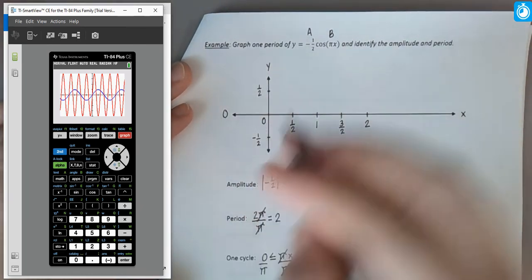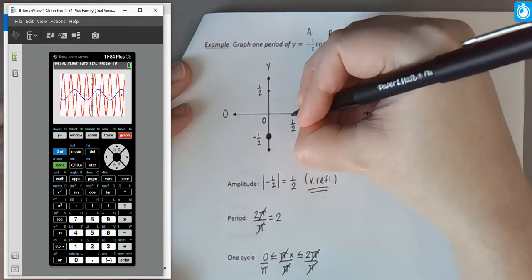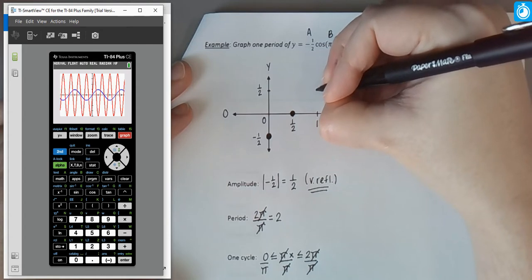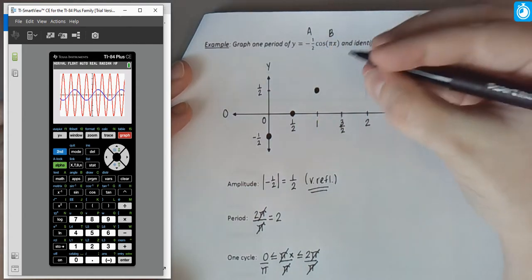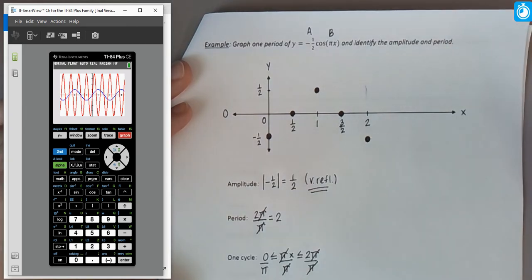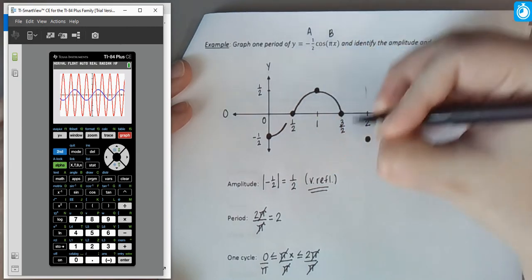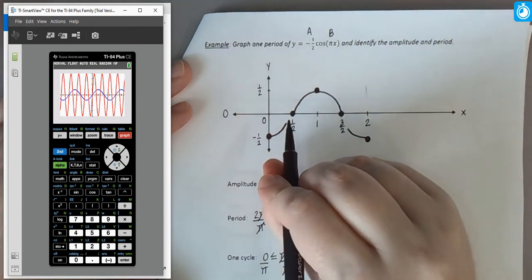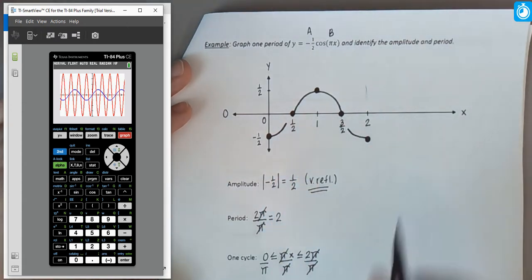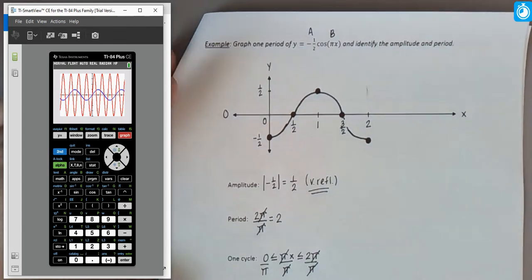Our reflected cosine is going to start at its minimum, and then it's going to increase up to its maximum and then decrease again and come full circle back to the minimum value, and then we just fill in the shape from there. And you'll notice I'm kind of skipping spots right here. I just want to avoid writing anything on my actual units. If you want to connect, you can. I would just try to avoid writing on your actual numbers there. So that is going to be our single period.